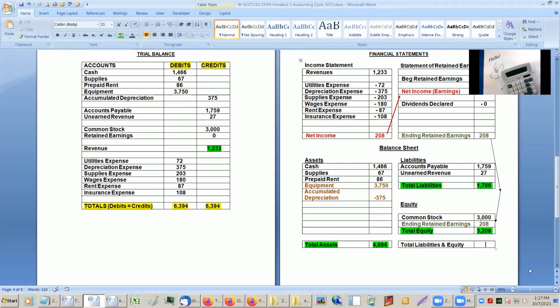And these two together, let's hope, come out to the right number. So these two have to equal, and they do.